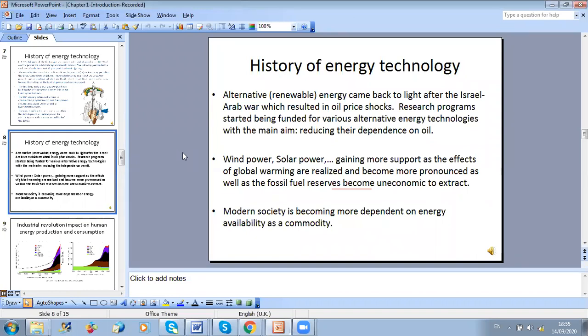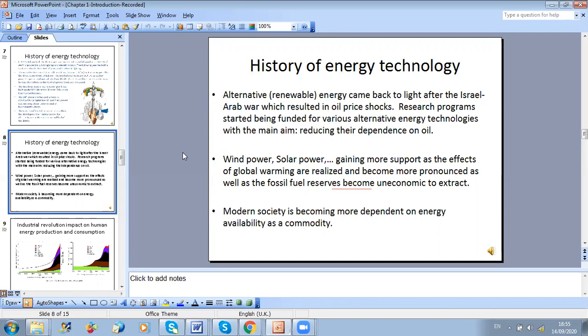Now, renewable energy came back to light after the Israel-Arab war, which resulted in oil price shocks. So as we advance in time, the need for energy is increasing, and we have shortages in oil and fuel storage. This is why, mainly after the Israel-Arab war, we had a lot of increase in oil price.